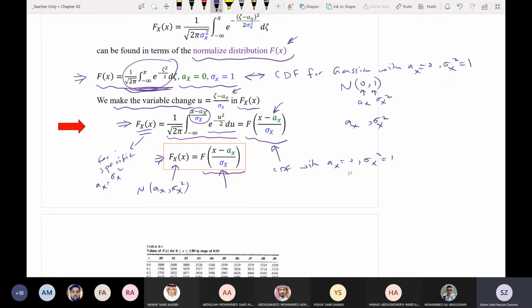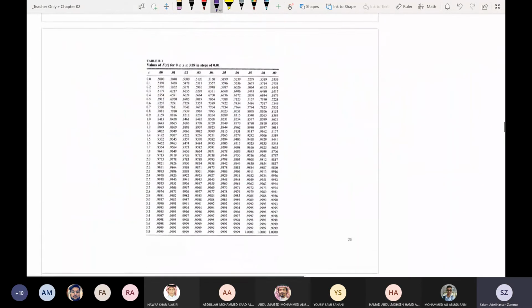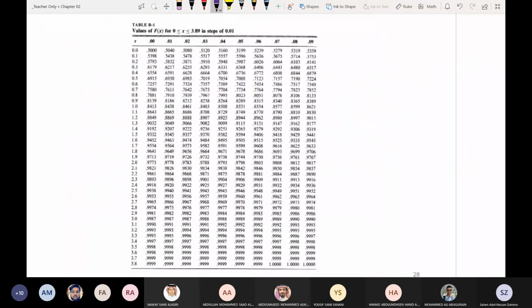And this normalized distribution looks like this. The table looks like this. This is x: 0, 0.1, 0.2 up to 3.8. And here are the fine details of x. So if you want the value for 1.11, you go to 1.1 and then 0.01. So this is for 1.11.